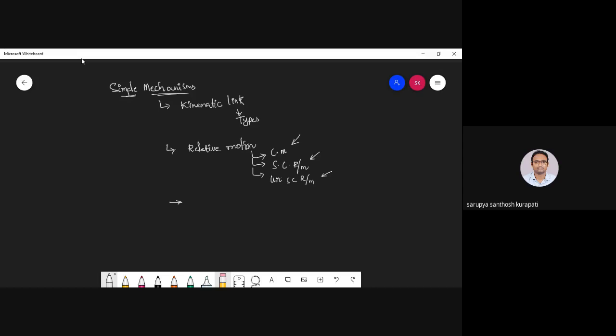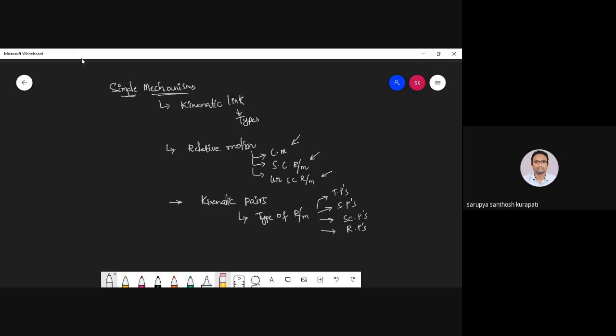Next we discussed different types of pairs. We defined a kinematic pair and the different types of kinematic pairs: according to the nature of contact, according to the nature of closure, and according to the type of relative motion. Under the type of relative motion, we discussed turning pairs, sliding pairs, screw pairs, rolling pairs and so on.